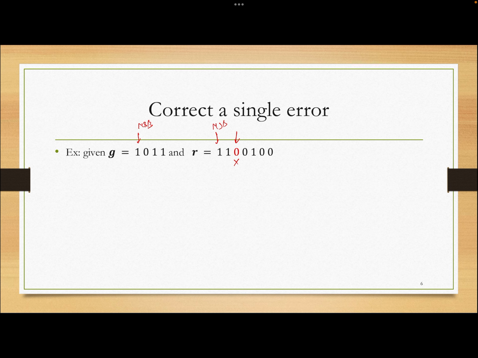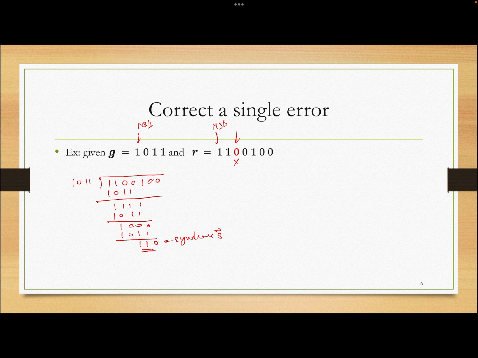So you find the remainder of R divided by G, right? So you get this, and you get 1 1 1 1 1 0 1 1 1 0 0 0 1 0 1 1 1 1 0. So this is your syndrome.